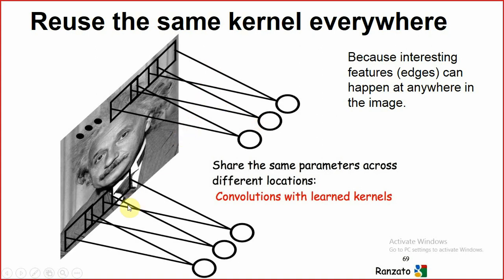So all of these neurons try to find the same features in different locations, in different patches of the image. So they share the same parameters across different locations, and this is the way that convolutional neural networks work.